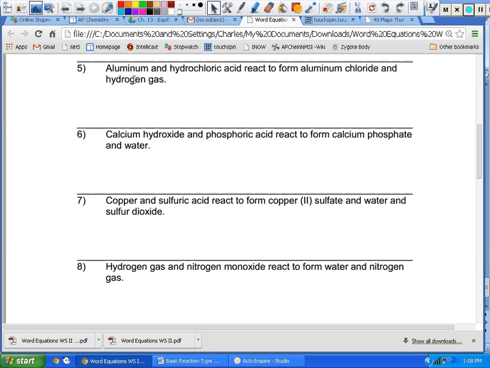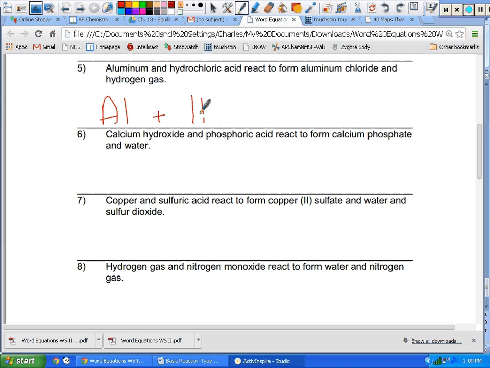Whatever. All right, so aluminum and hydrochloric acid. So let's look. Miss Morgan, aluminum. What are you going to write? Al, very good. Alex, hydrochloric acid. Very good. HCl. Before I go any further, I should be able to recognize what kind of reaction this is simply by looking at it. It's a single plus a compound. Single replacement. Before I ever begin, you can know that.